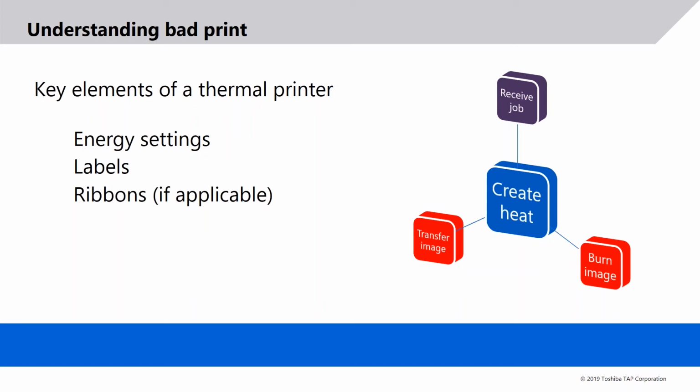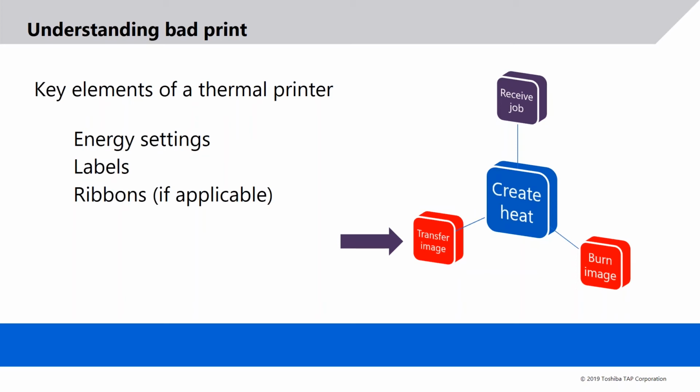So what I find is typically when someone is trying to resolve a bad print problem, they often start with the finished output. So they've run their job through the printer, it's generated the print, and the quality of the print is poor.